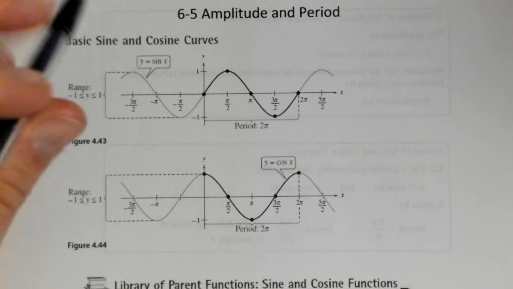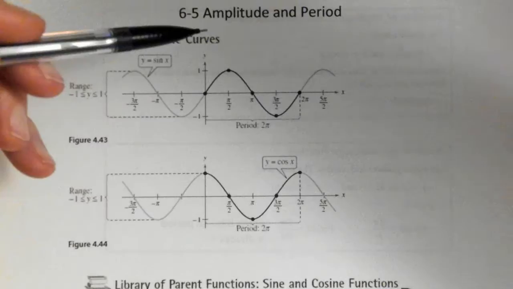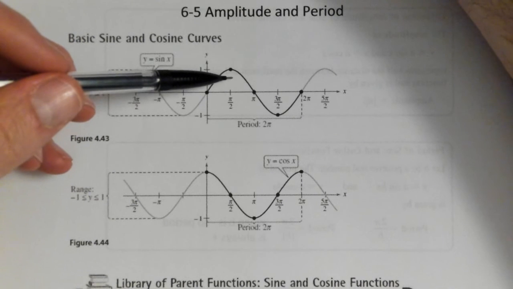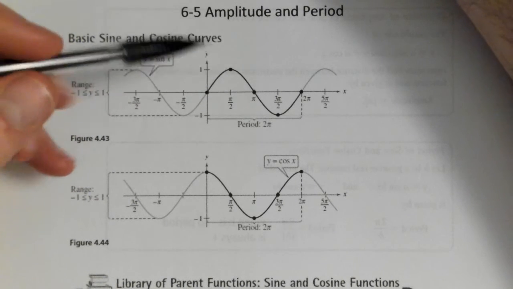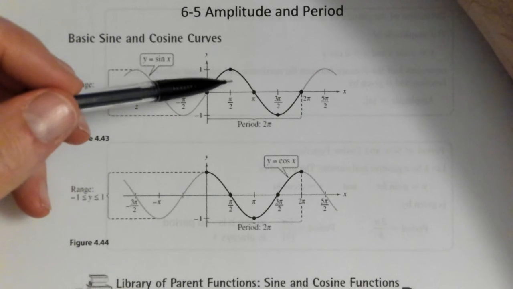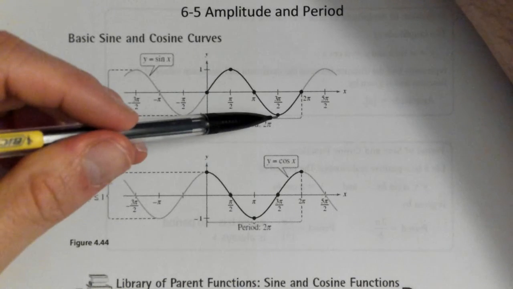Just very quickly, when we're talking about amplitude and period, amplitude is going to be the height of the wave, right? So in this case it would be 1, or more specifically it's half the distance between the minimum and maximum value.